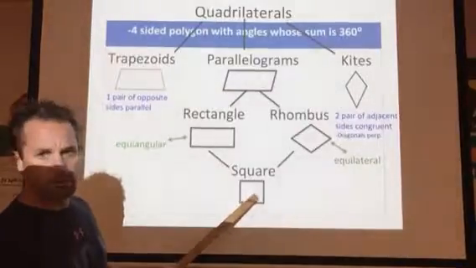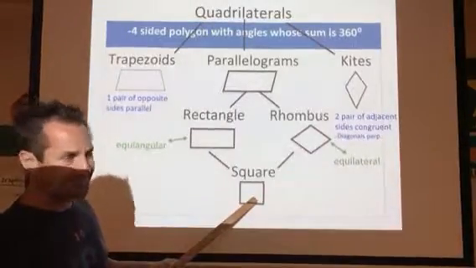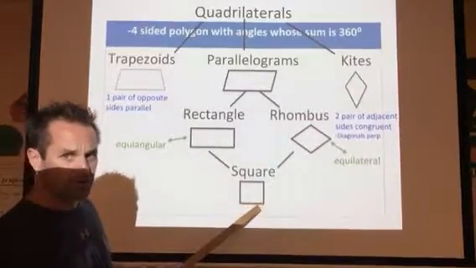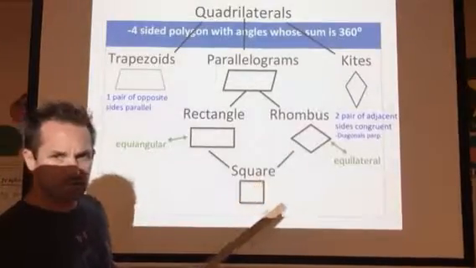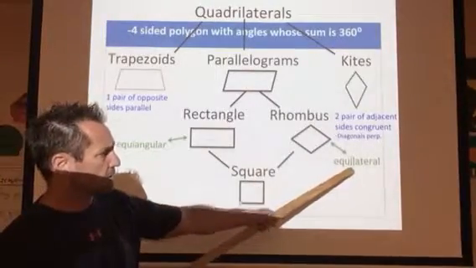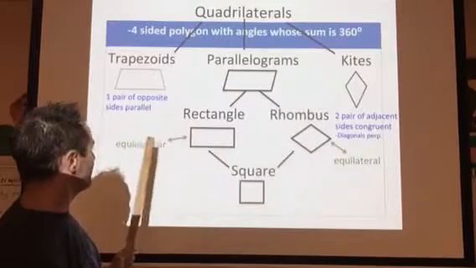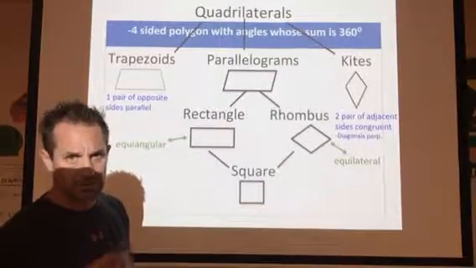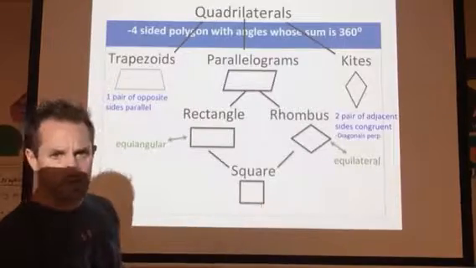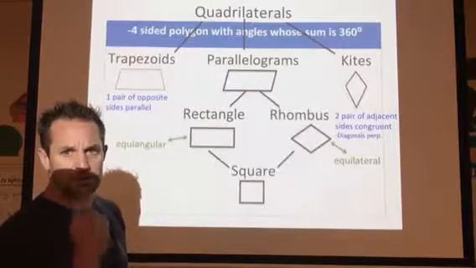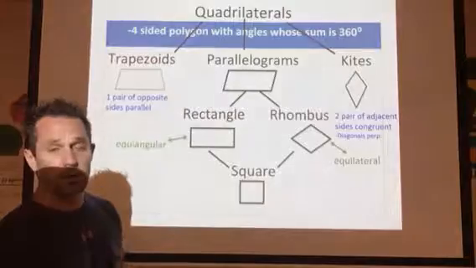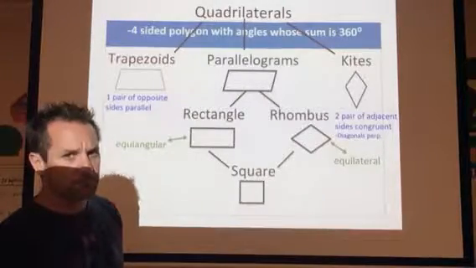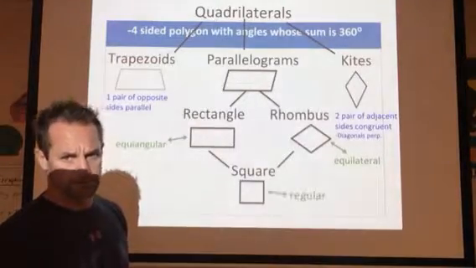Now with a square, we have all angles that are the same size, and we have all sides that are the same size. So is there a term that talks about equilateral and equiangular shapes? Yes, there is. The name of a shape that is equilateral and equiangular is called regular.